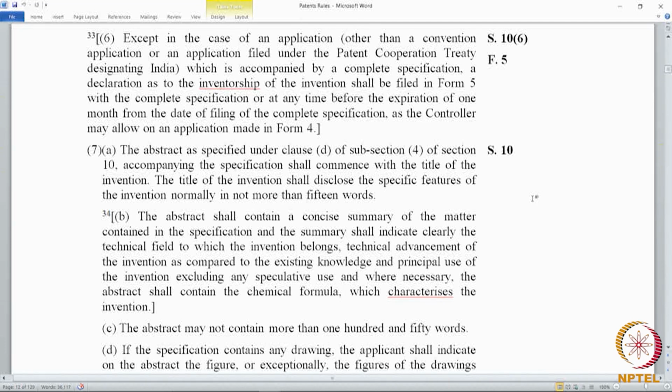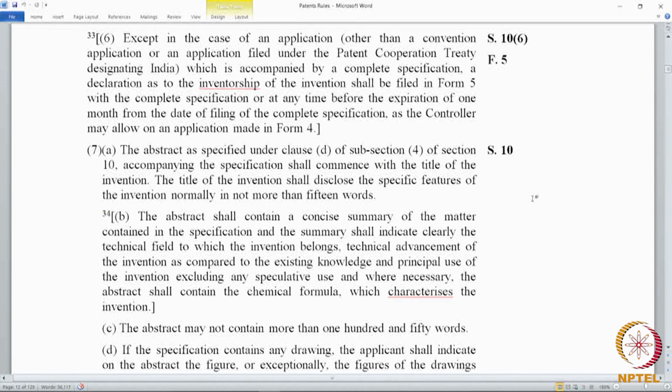So, we understand 13.6, the timeline, the extension provided in 13.6, which is 1 month from the date of filing the complete specification, the time given for making the declaration of inventorship is different from the timeline that is given in Rule 10 for filing the proof of right.